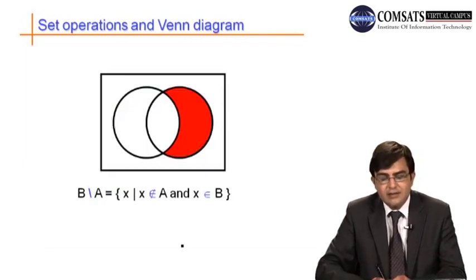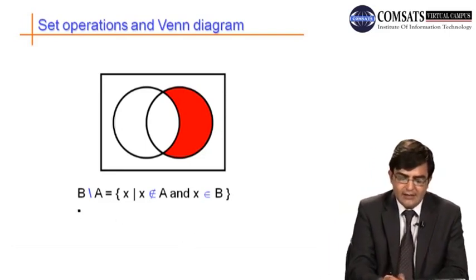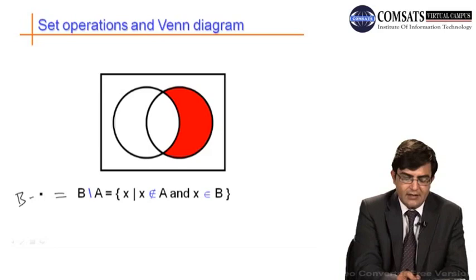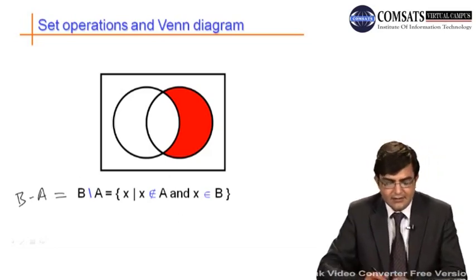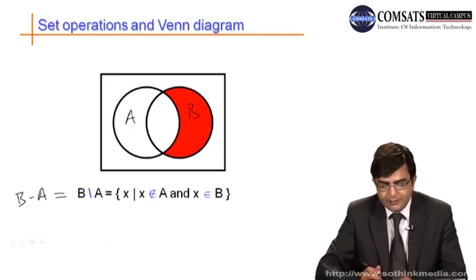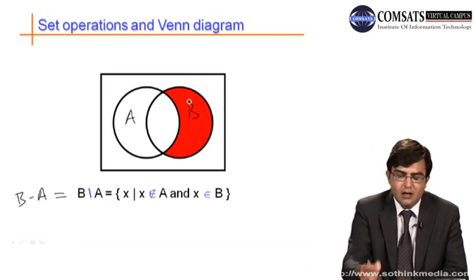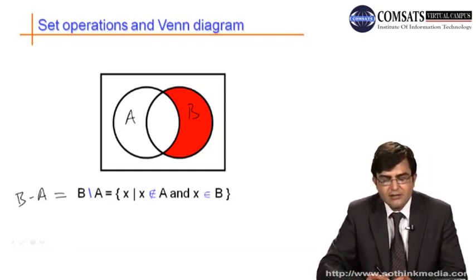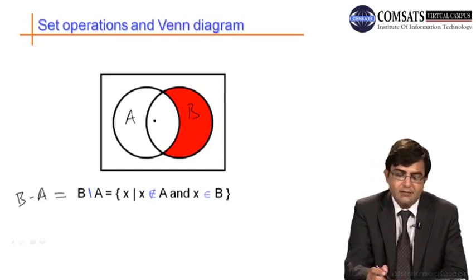Now, what is the difference of two sets? How can we express the difference of two sets using a Venn diagram? We can express B minus A like this. If this set is B and this set is A, and we subtract A from B, then all the elements of B which are also in A will be eliminated from this set, and we are left only with this set.